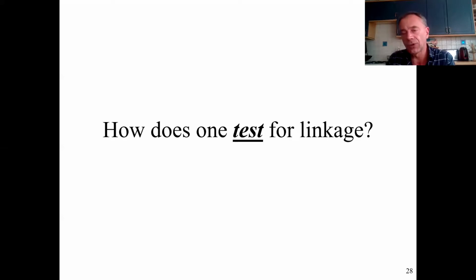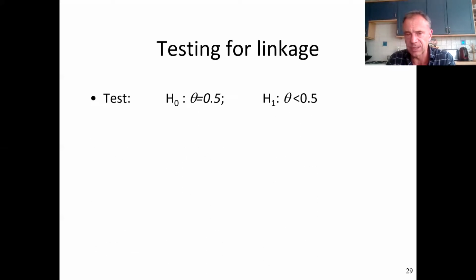So let's talk about a formal test as to whether linkage is present or not. This is a kind of statistics called a likelihood ratio test. We're going to calculate likelihoods and formulate our hypothesis testing quantitatively by considering the likelihoods under different hypotheses. To do that, we're going to parameterize the recombination probability.